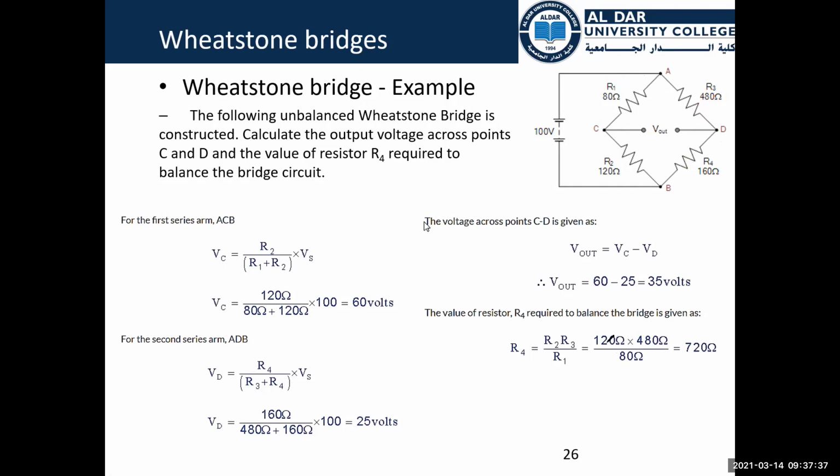So R4 is equal to 120 multiplied by 480 divided by 80. The result will be 720 ohms. What is the 720 ohms? It is the value of R2 to make the voltage difference between C and D equal 0.